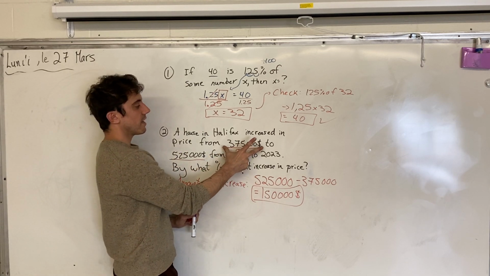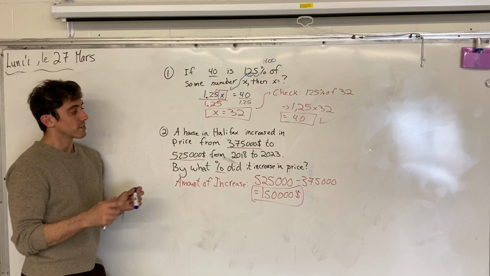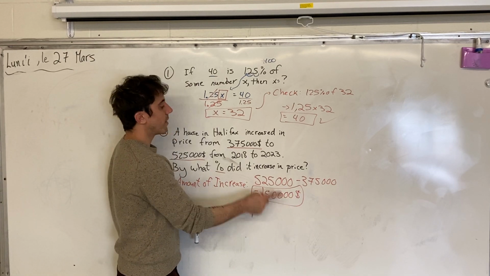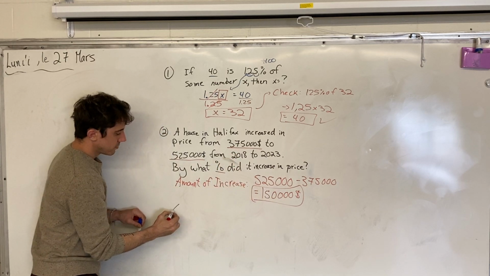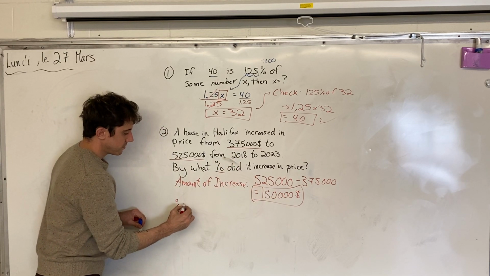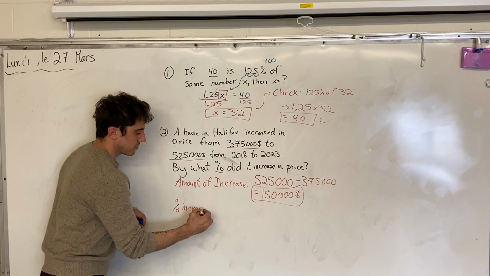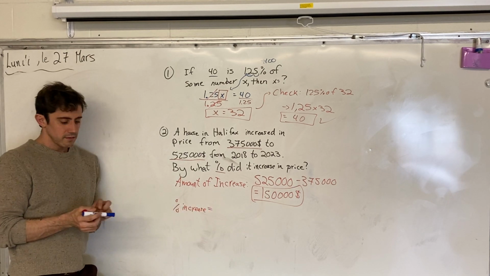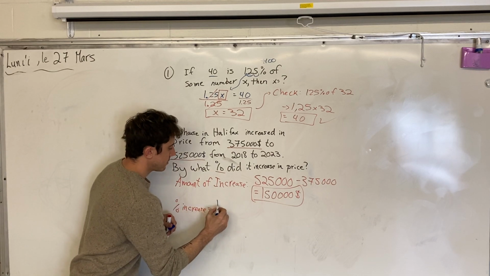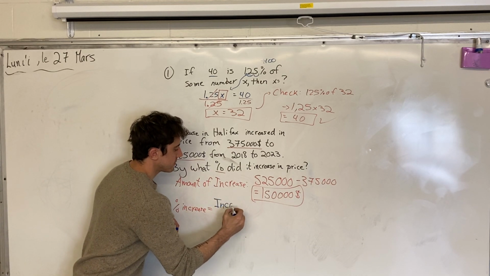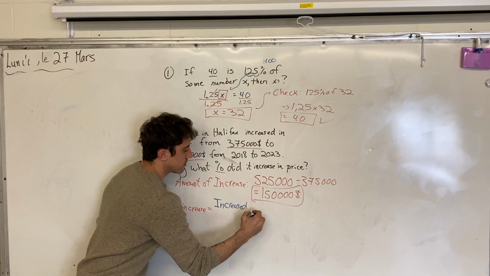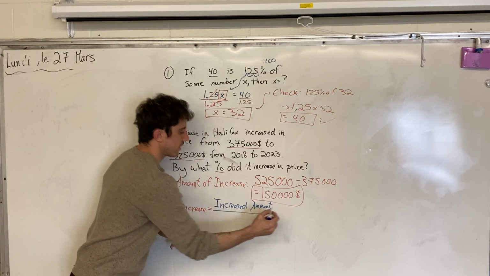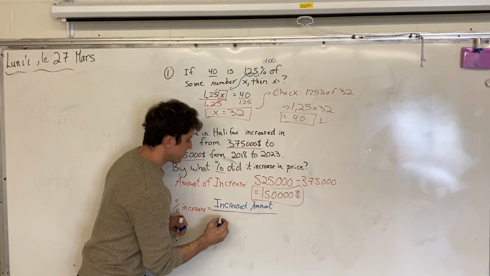Since it started out at 375,000, we're going to compare 150,000, the increase amount, to the original price. And so the percentage increase will be the increased amount divided by always the original price.